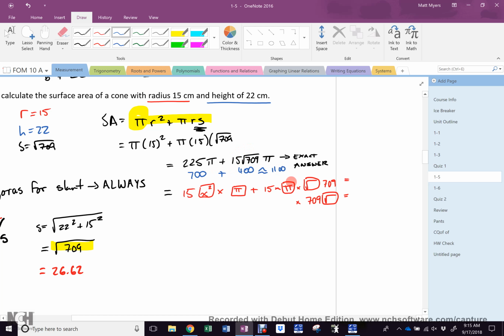Now punch it into your calculator and see if you can do it right. Of course you can. What do you get?